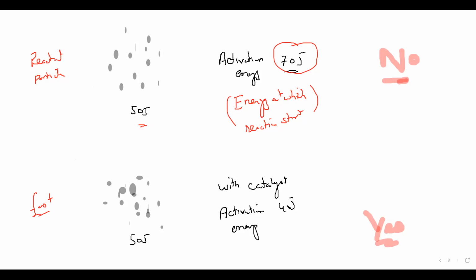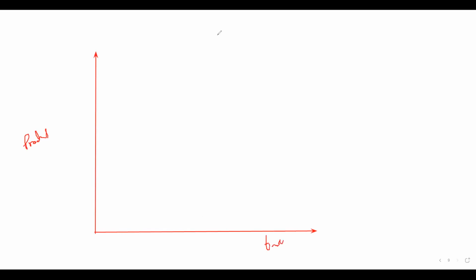So when we sketch a graph for the amount of product and time, these are the two graphs.